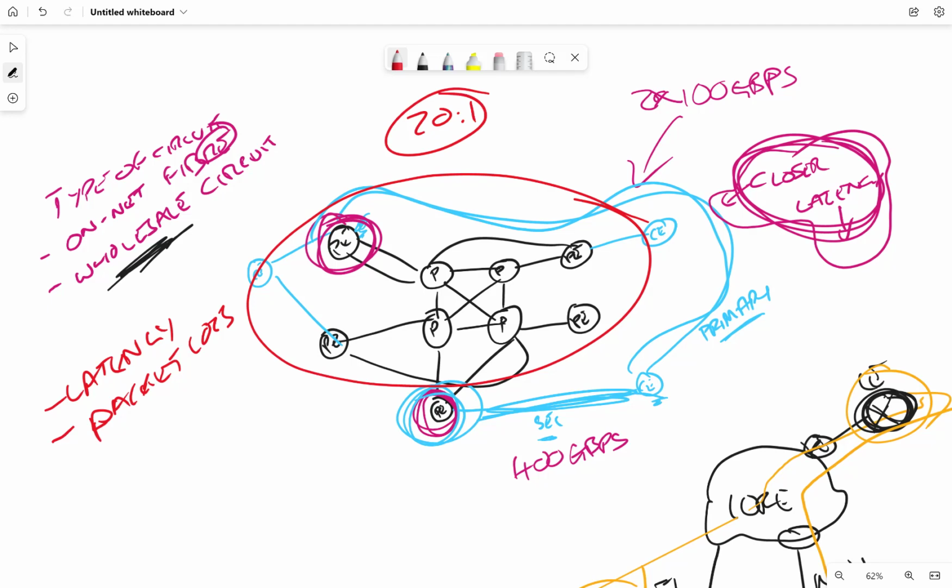Sometimes we've got 20 people trying to share one circuit in a 20-to-1 contention ratio, or 20 sites contending for the same bandwidth, which might be the 100 gig. But that's different to having a dedicated 100 gig only for you. So that then has a knock-on effect, packet loss.